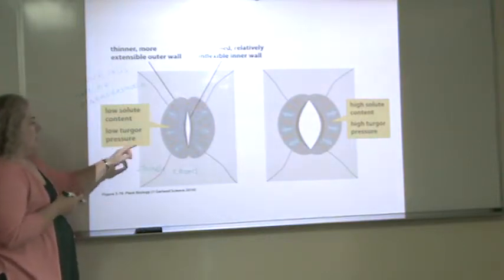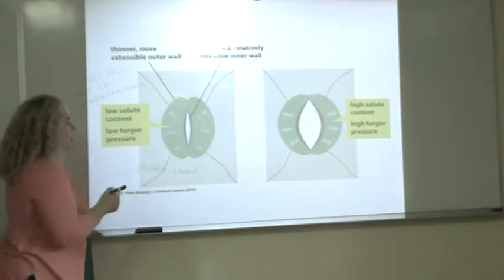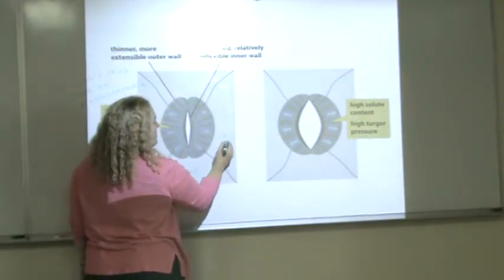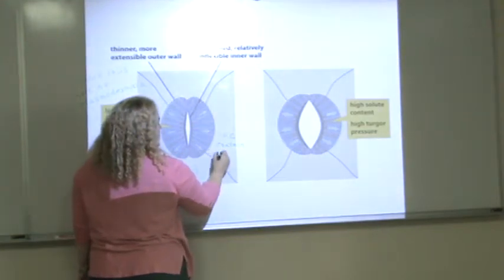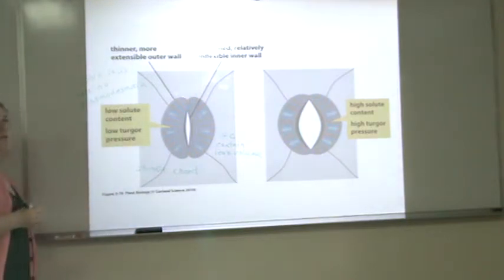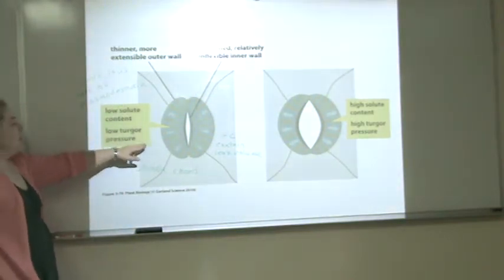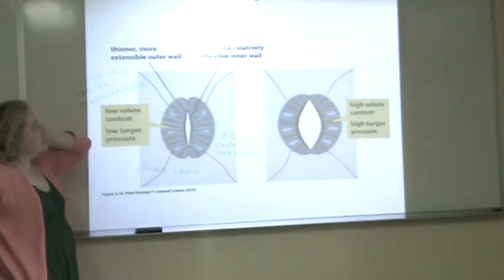And in this version, the guard cells, or GC, contain less volume. So they have lower solute content, lower turgor pressure, less water is trying to come in.